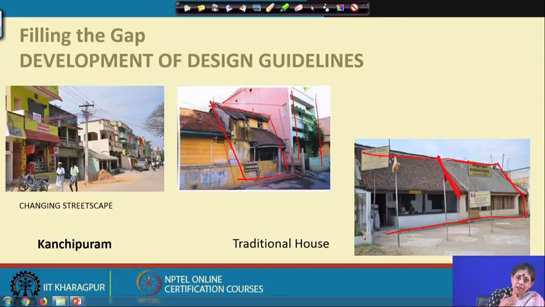Let him demolish the old structure because it is not a listed structure. Let him build a two-story structure, but the design usually is a usual design that does not have any character. Let us see what we have tried, so that this type of guideline can be given.